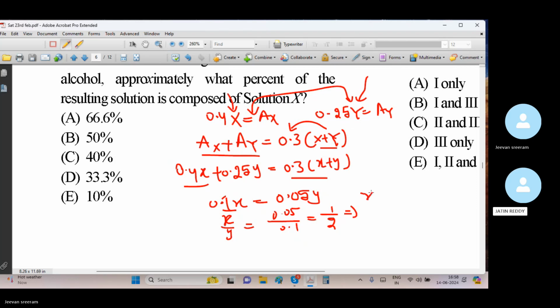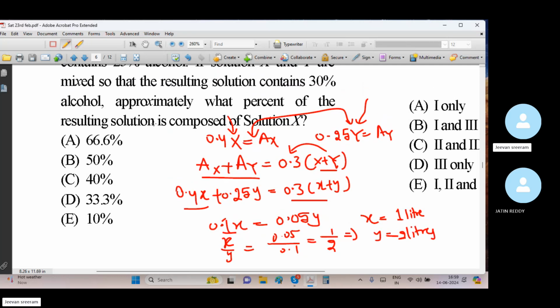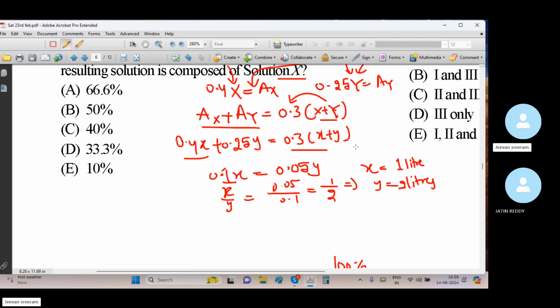Yes, sir. For example, if X has been mixed in 1 liter, Y is actually 2 liters. So the question is asking what percent of the resulting solution is composed of solution X. In the resulting solution, X is 1 liter, Y is 2 liters.